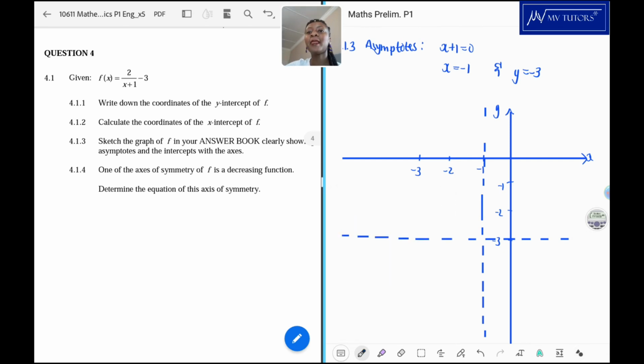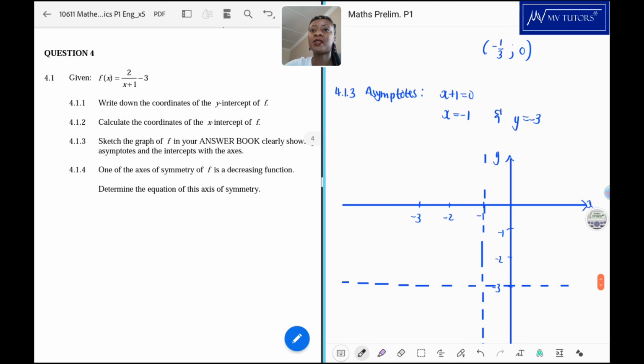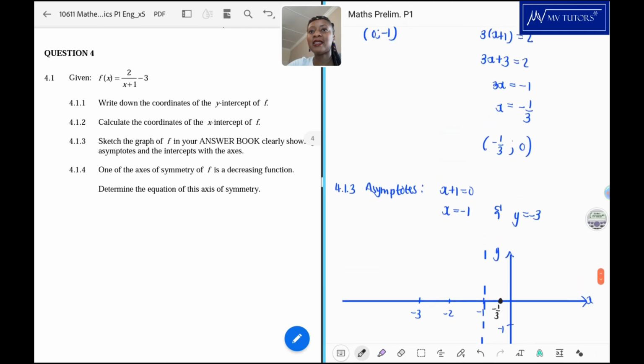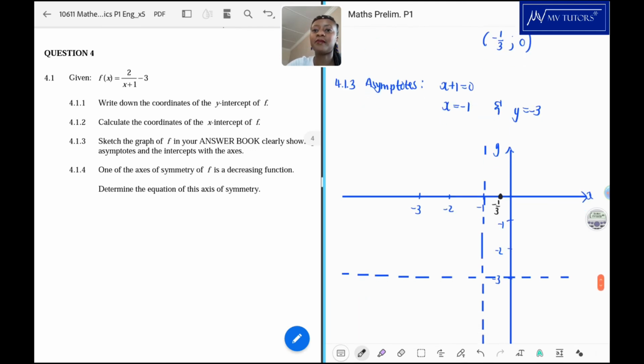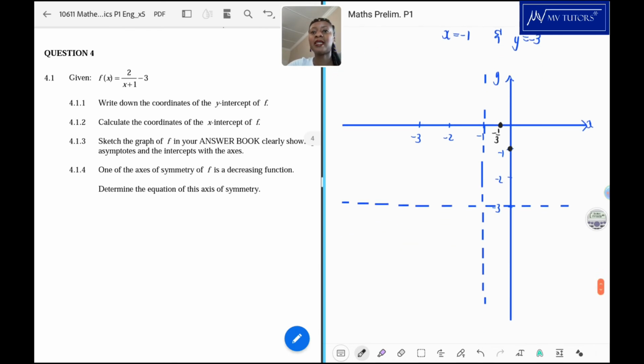Let's go for black. So we know our graph has x and y intercepts. The x-intercept is -1/3, so I'm going to assume it's somewhere there. And the y-intercept is -1. So basically our graph will look something like this, it'll go that side.